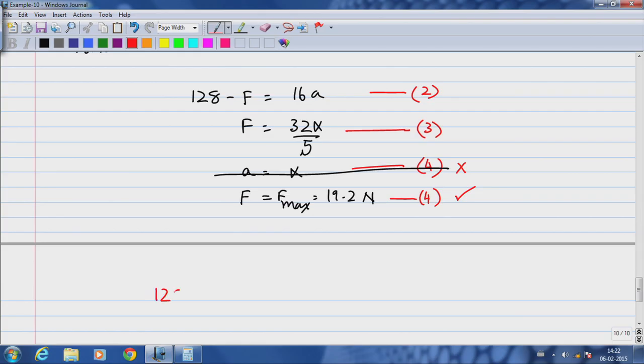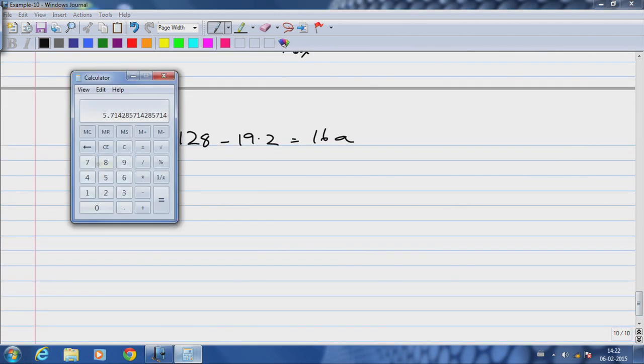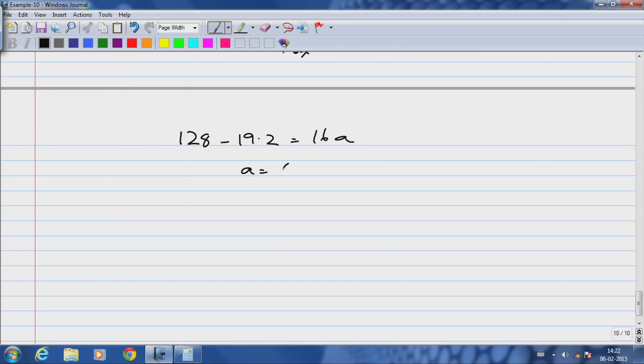Now, 128 minus 19.2 equals 16 times A, so which means A equals 6.8 meters per second squared.